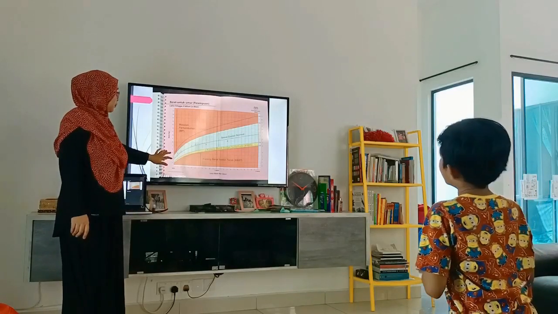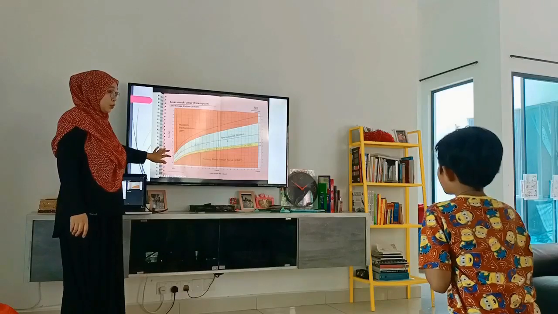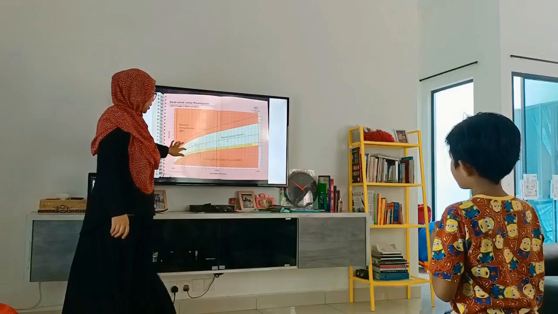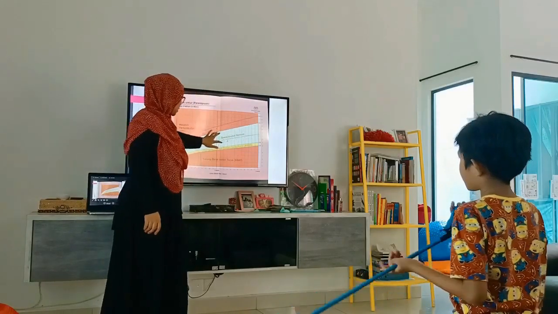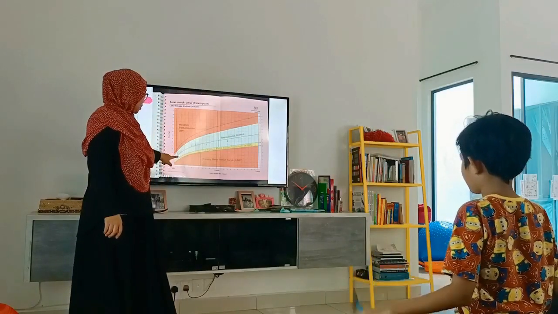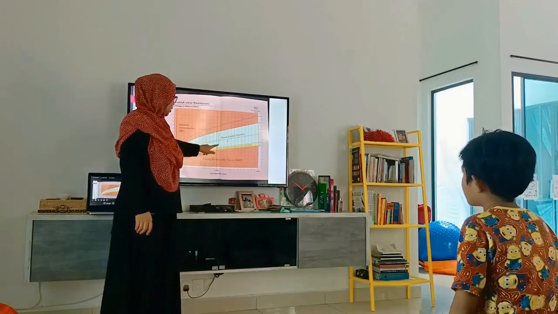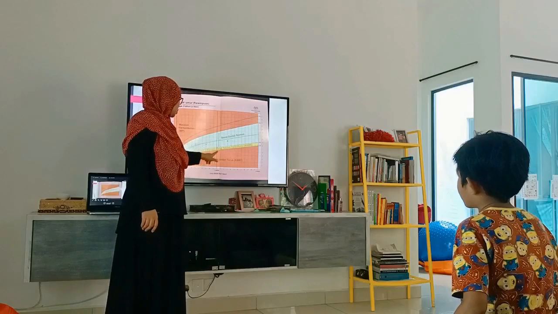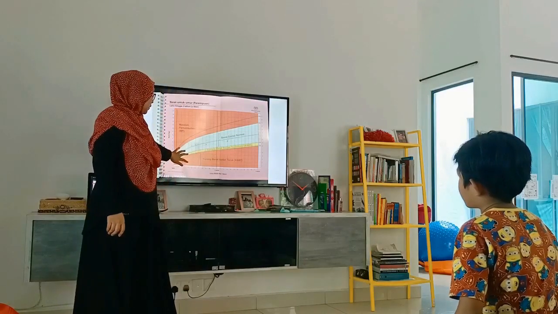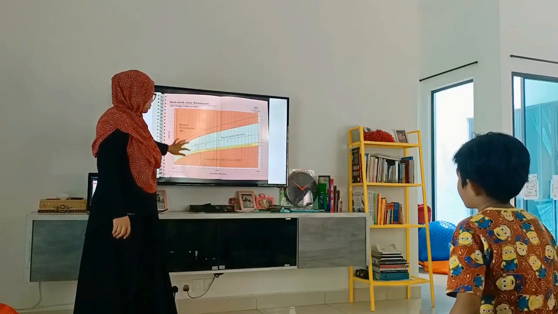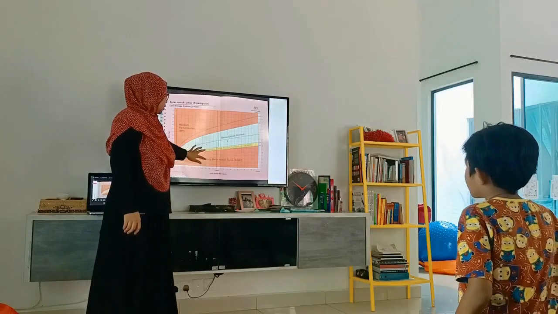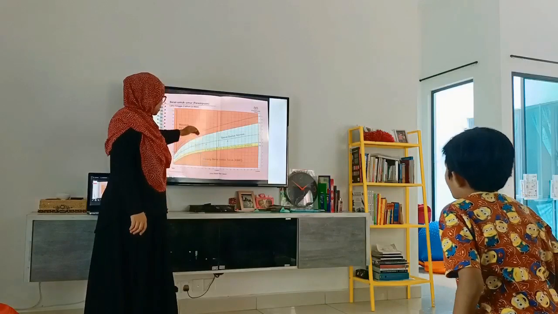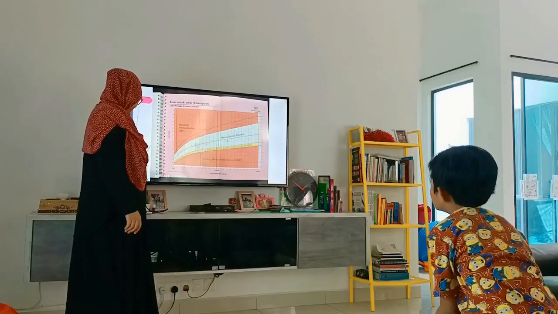They're supposed to have a good or normal body weight, which we record in this white area. If the baby's weight falls into the yellow area, it indicates underweight. If in the red area, it will indicate very low weight, and this one indicates obese.